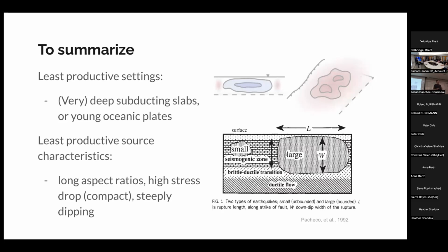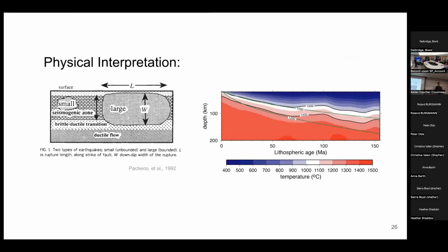I think all of these things together are nudging towards a pretty straightforward interpretation, saying that aftershock productivity seems to be controlled by the availability of faults. Remember that as the oceanic lithosphere spreads, it has time to cool down and becomes thicker and thicker with age. So this relationship that we saw with lithospheric age seems to hint towards the idea that as we provide more and more space for aftershocks, we get more and more aftershocks.